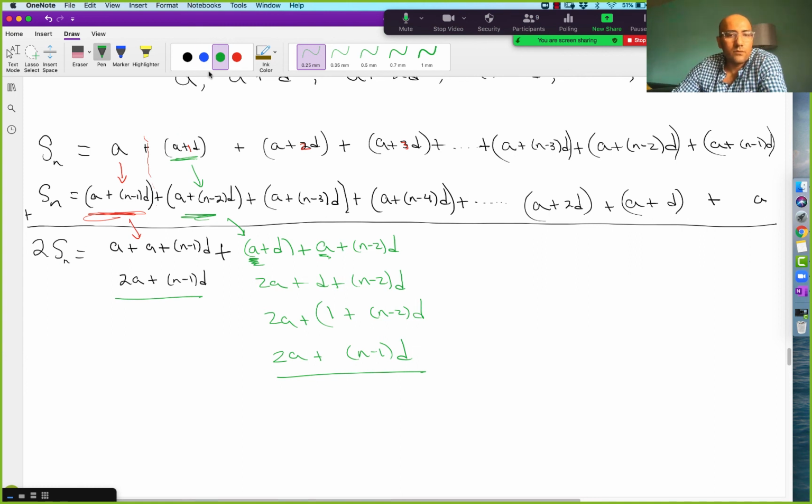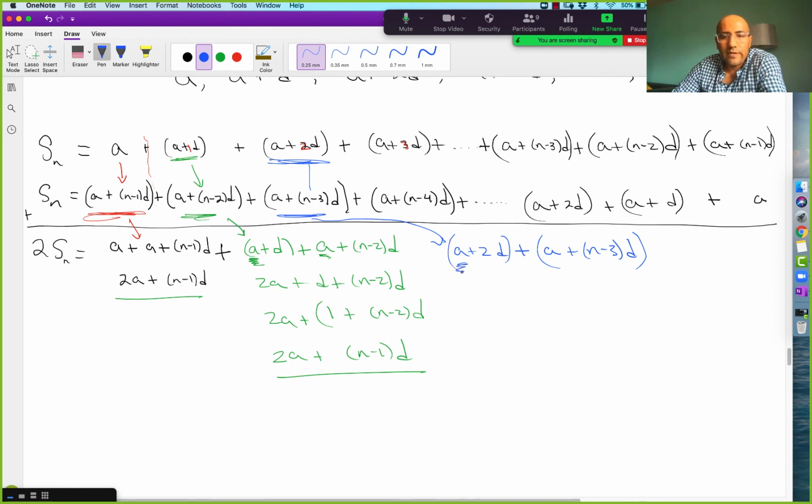Good. We'll do one more just to show that it always works out. So these two give you this one, these two give you this one, and then this one plus this one. I'm going to add these two and I'll put them over there. I have a plus 2d, and I want to add to it a plus n minus 3d. Right?